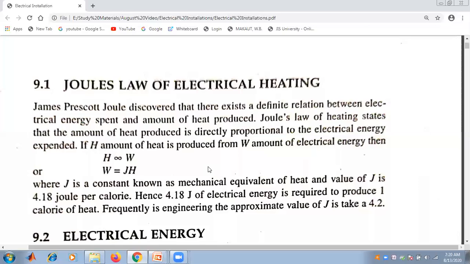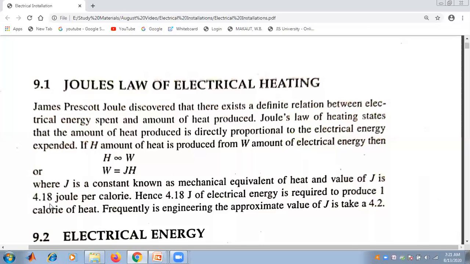If H is the amount of heat produced from W amount of electrical energy, then H is directly proportional to W, or W is directly proportional to H. Introducing a proportionality constant, W equals JH, where J is known as the mechanical equivalent of heat, and the value of J is 4.18 joule per calorie.